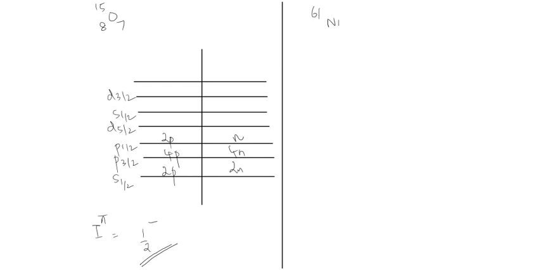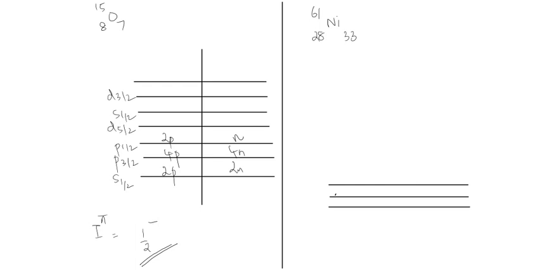61 nickel. It has 28 protons and 33 neutrons. So I have to consider a little bit more number of energy levels here. Let me draw those energy levels.